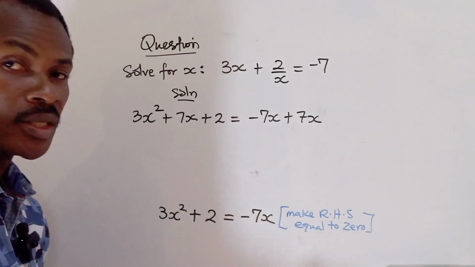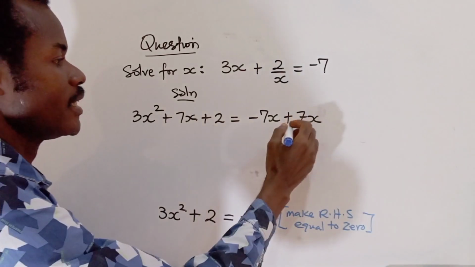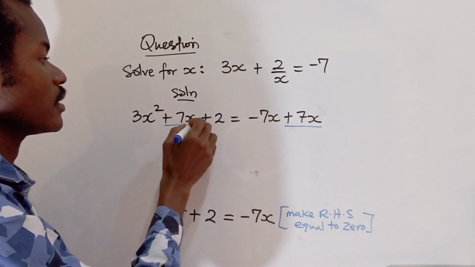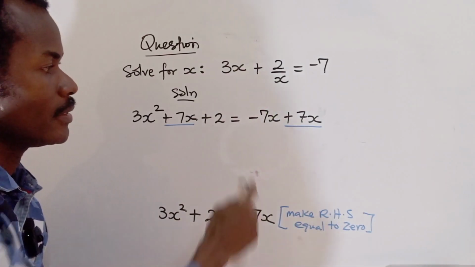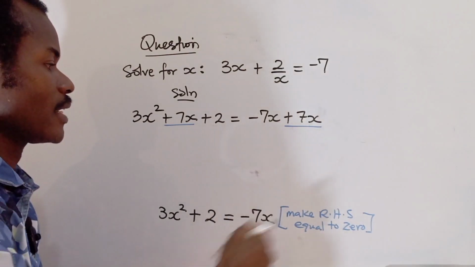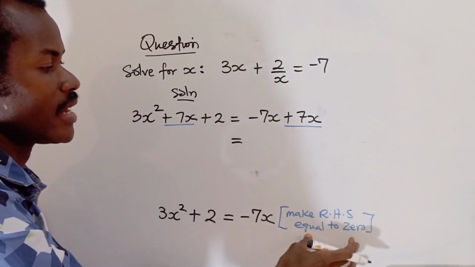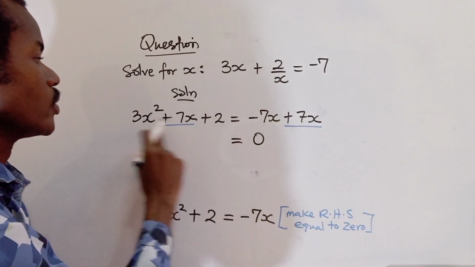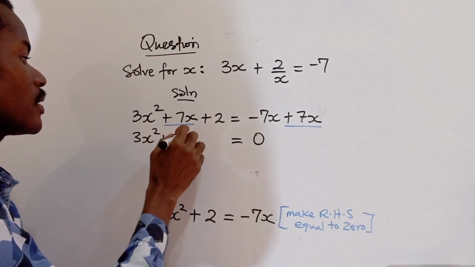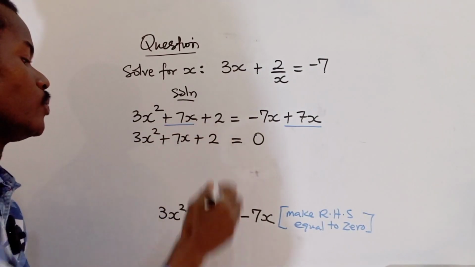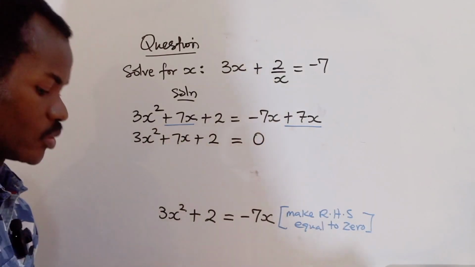If you can observe, I've added plus 7x to both sides. The idea is minus 7x plus 7x makes the right hand side equal to 0. So here we have 3x squared plus 7x plus 2.